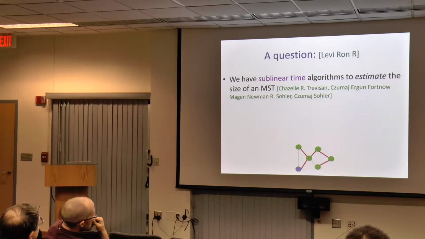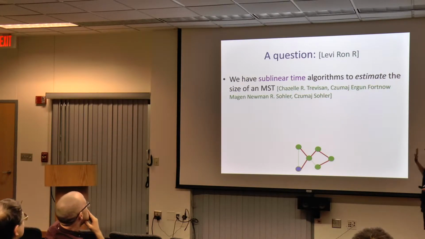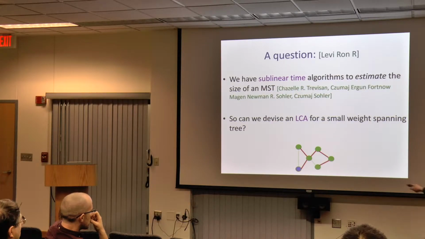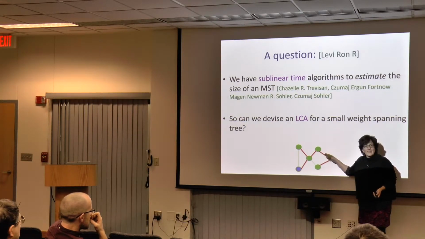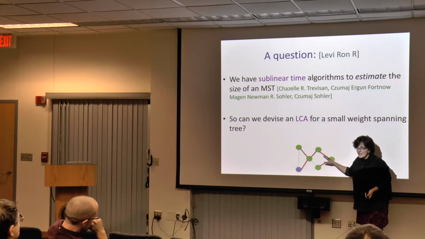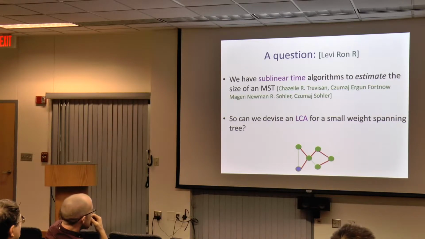So if I have a graph, I can estimate the size of the MST under certain conditions in sublinear time, but can I find an LCA for a small weight spanning tree? I don't want to know the weight of the MST. I want to know, is this edge in it? Is this in a particular MST? That's the question, but we don't know how to answer it.